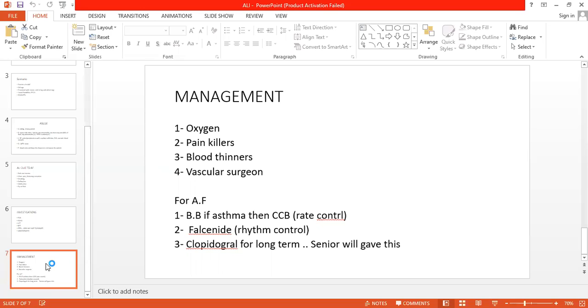That's why you always need to ask the patient whether he has asthma or not. And in this patient, he will be having AF or plus minus AF, for that you again need to ask if he is asthmatic or not, because if the patient is asthmatic, then you know that you cannot give the beta blocker for AF, then you have to give the calcium channel blocker or other drugs.